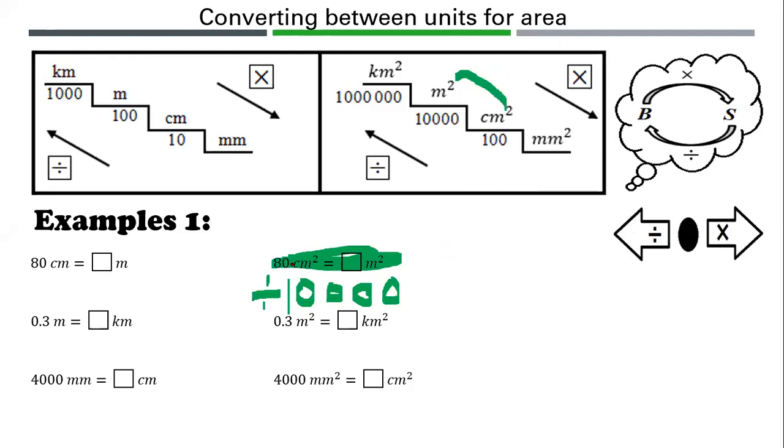At the end of the 80, right here. And now I start moving it. How many places? 4 places. Forward or backward? Backward. This is 1, 2, 3, 4. So the decimal will be right here, and I'm going to put extra zeros.